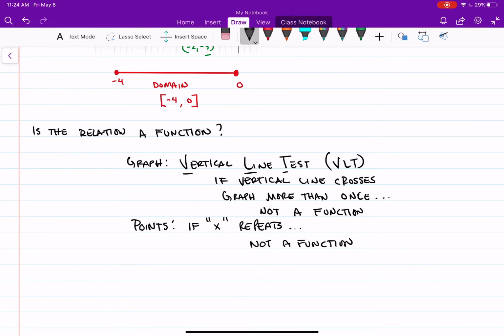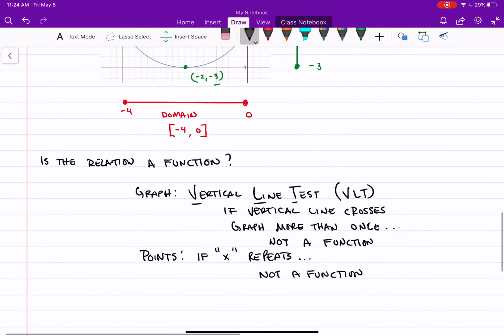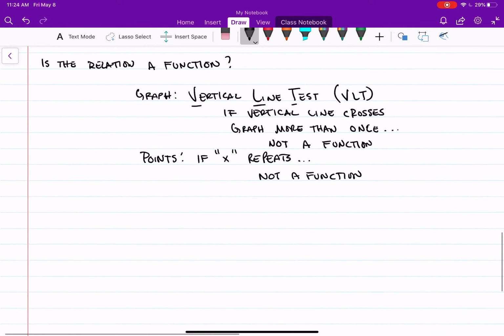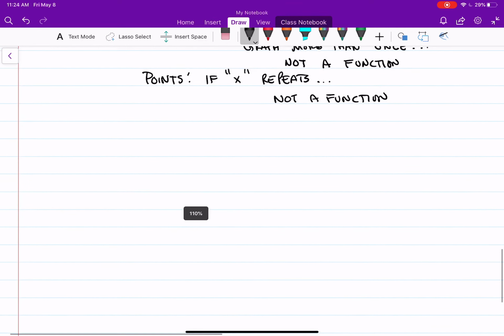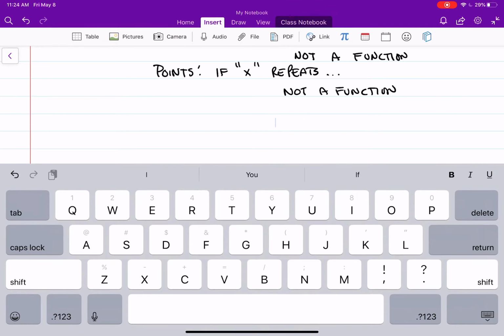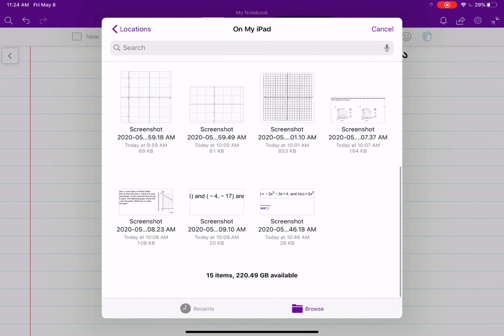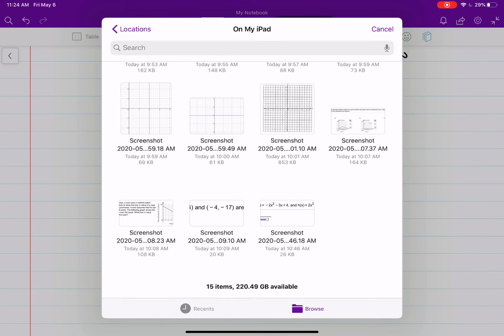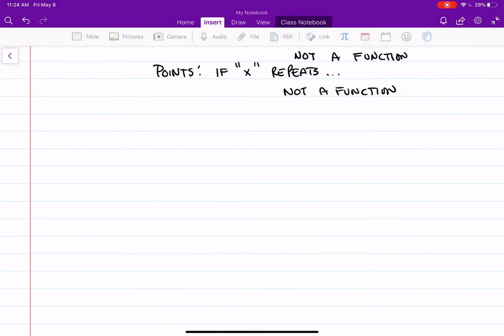All right? So the next thing they might tell you: we know how to find if it's a function or not, we know how to find domain and range. What's the next type of equation they're going to give you? So let's insert this right here.